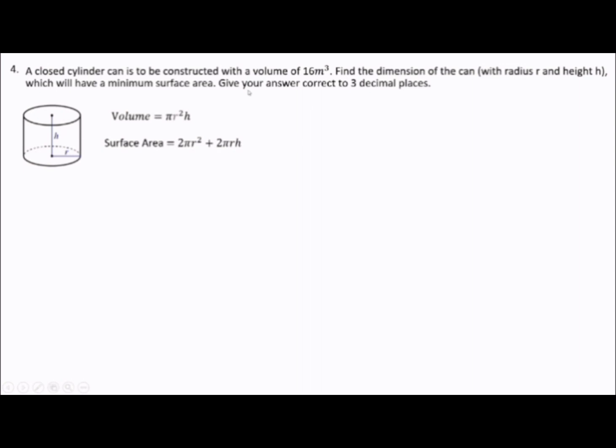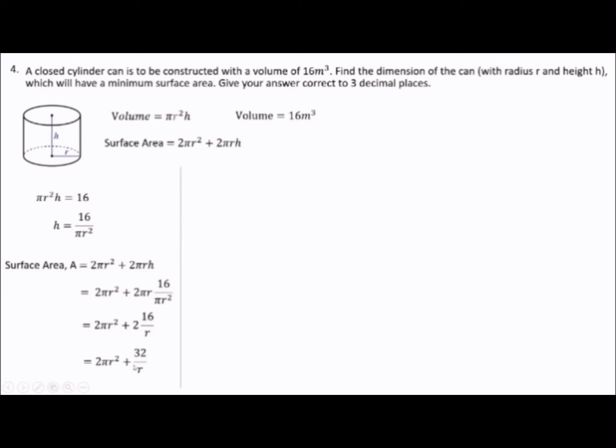Based on the question, volume is given equal to 16 cubic meter. First, take the formula for volume and equate it to 16, and we get the value for height like this. Next, take the surface area formula and change the value for h.